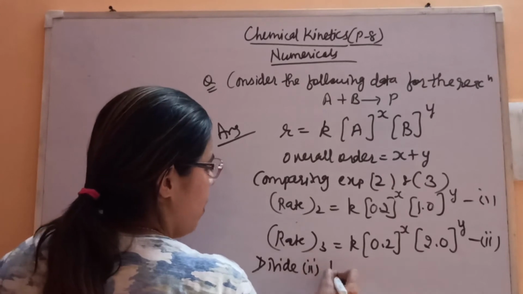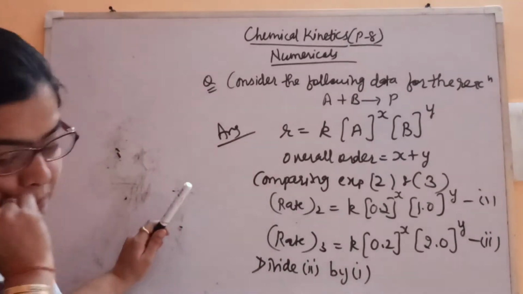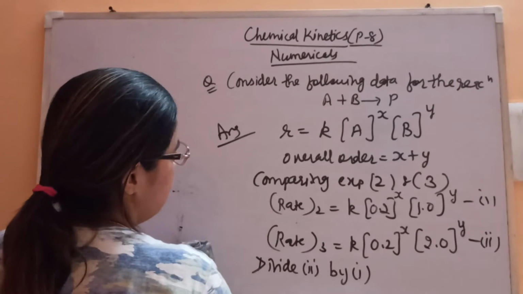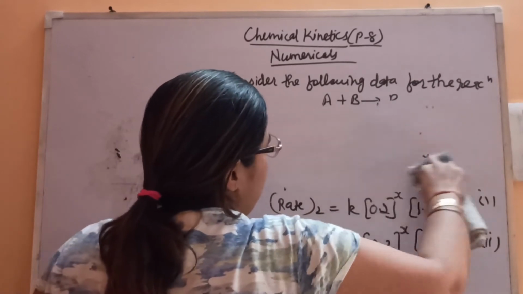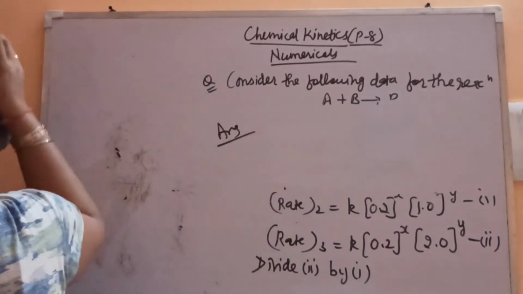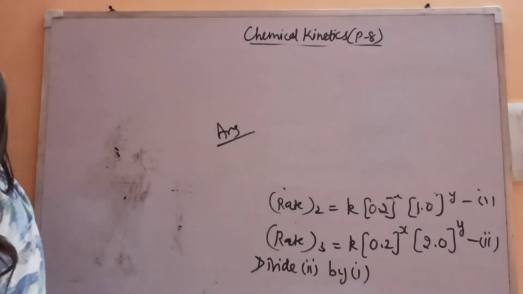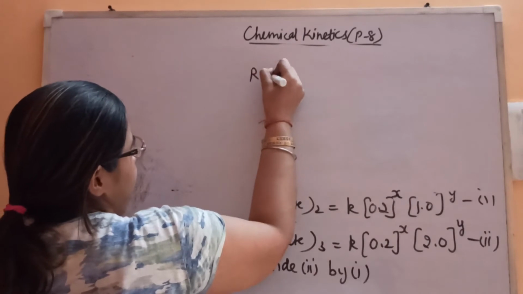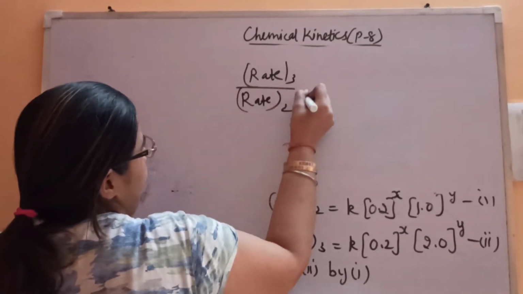So what will you get? On dividing second by first, rate 3 divided by rate 2 is equal to K, K will get cancelled out.